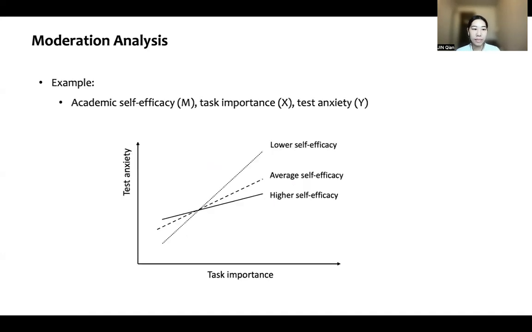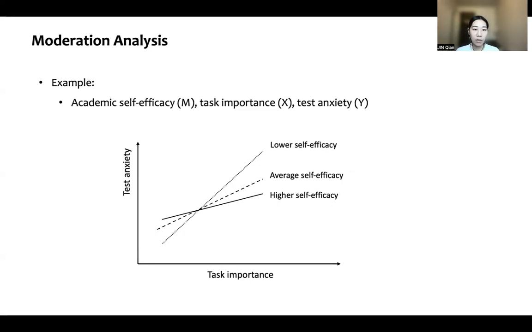Here is an example of moderation. We have the independent variable task importance and the dependent variable task anxiety. Naturally, we will think that the more important a task is, the more anxiety you will have for the task, right? However, we have a moderator here, which is academic self-efficacy.